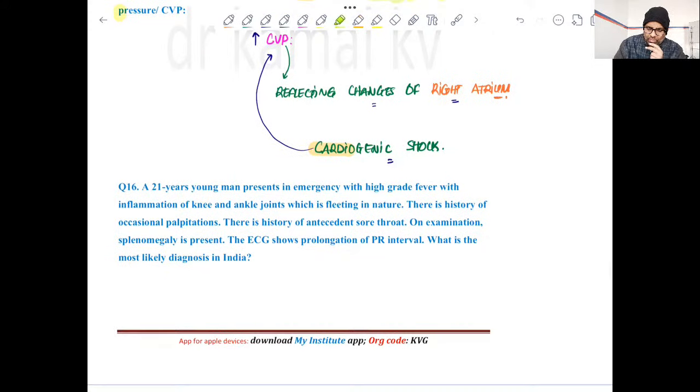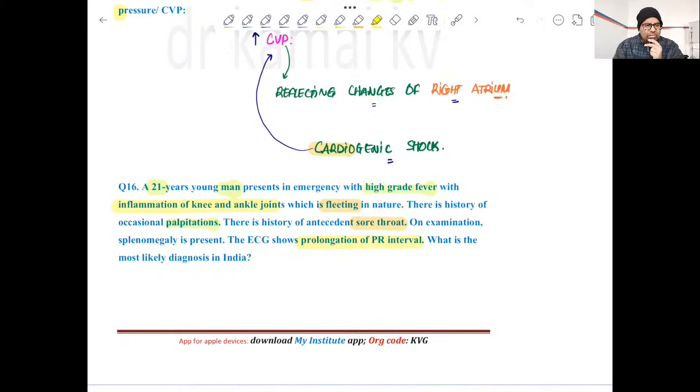Then next question: a young male presents with high grade fever and there is inflammation of knee and ankle joints, and this is fleeting in nature. There is history of occasional palpitations and there is a past history of sore throat. Then ECG is showing prolongation of PR interval.